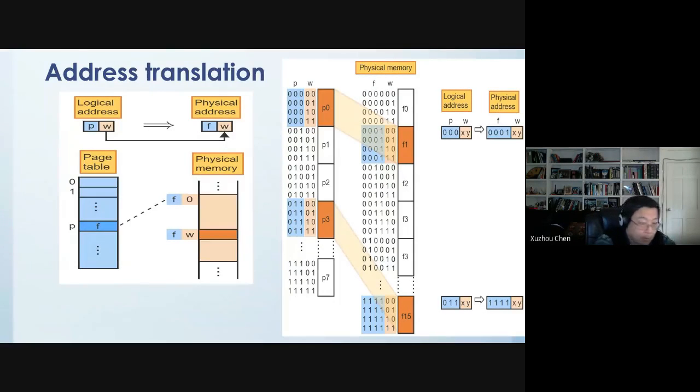So now this diagram gives you some kind of idea. Here's a logical address. The first part is the page number. The second part is the offset. Based on the page number, I look at the page table.